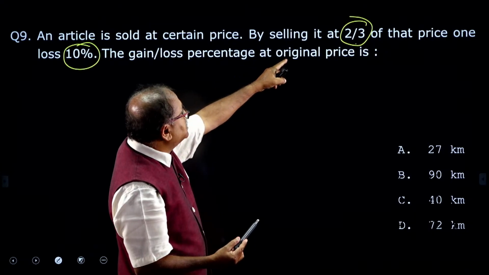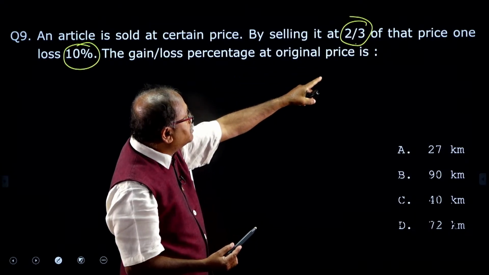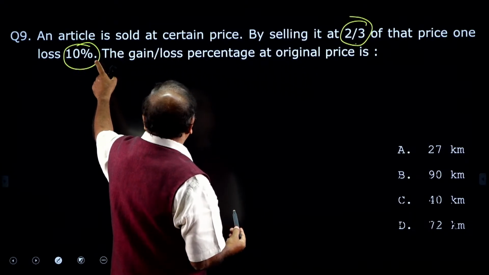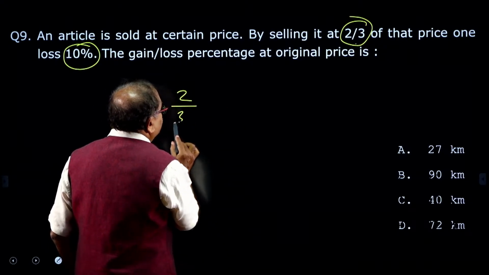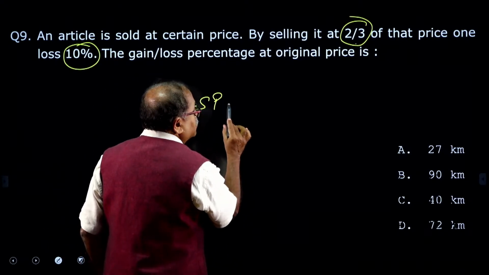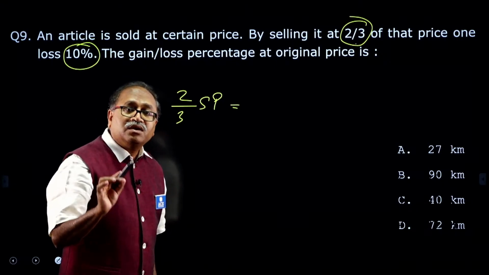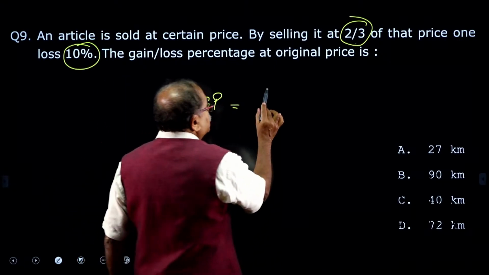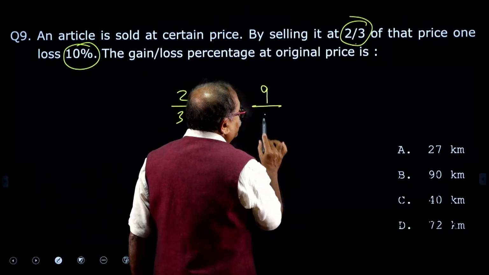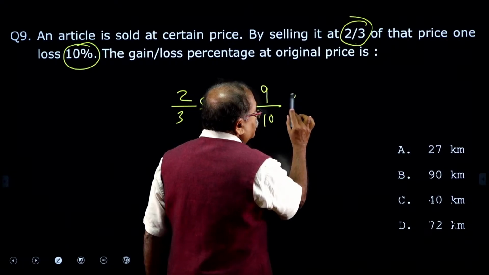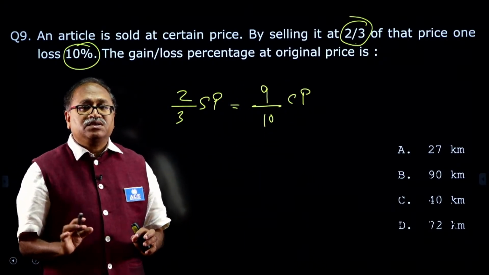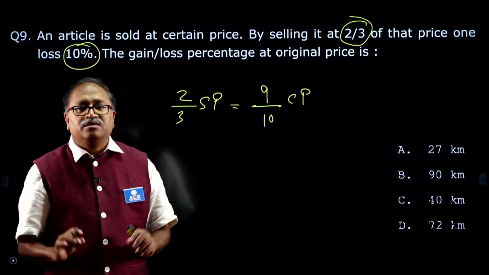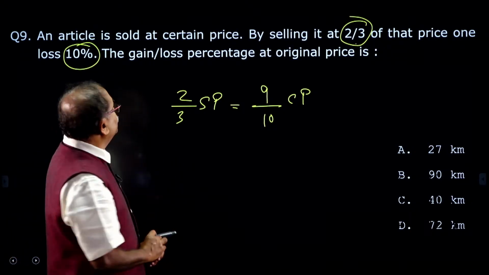The selling price at 2/3 of the price, one loses 10%. That means when he sells at 2/3 of the price, then he loses 10%. That means this is equal to 90% of the cost price. This sentence is slightly confusing, but we will be able to handle this one.